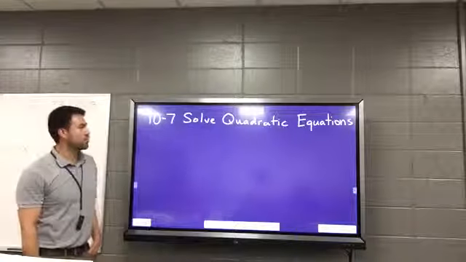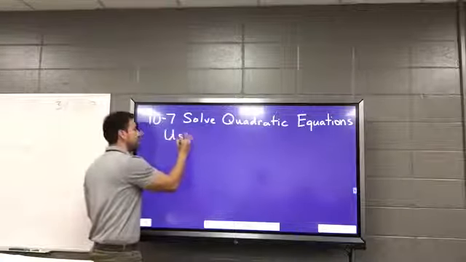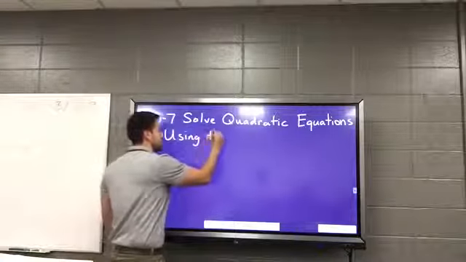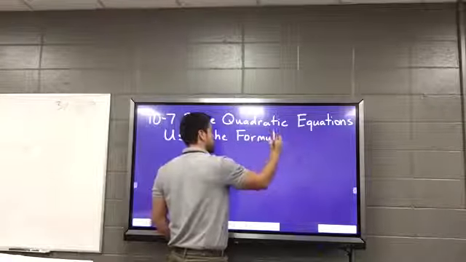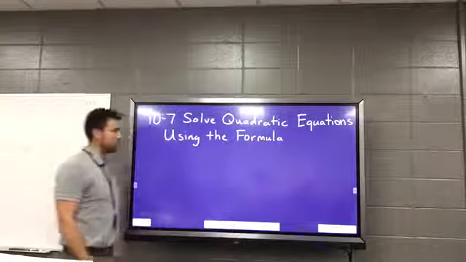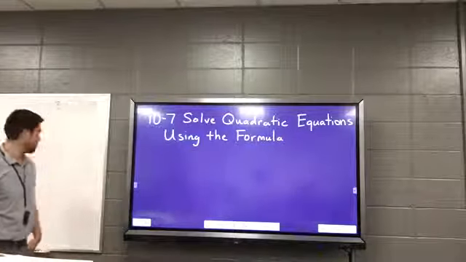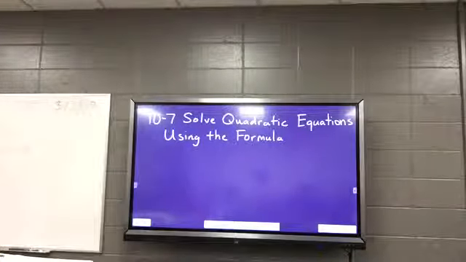So solve quadratic equations, and I'm going to put here using the formula. I know it says the quadratic formula, but really this is the main formula of our chapter, using the formula. And that formula is up here, and you need to write this in your notes.